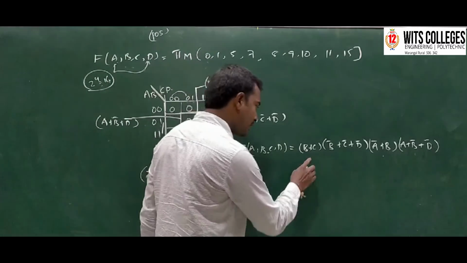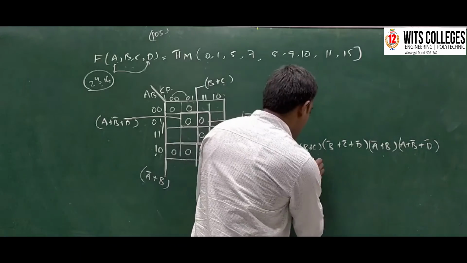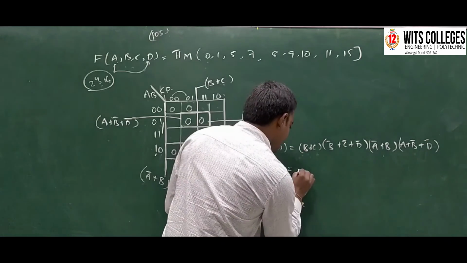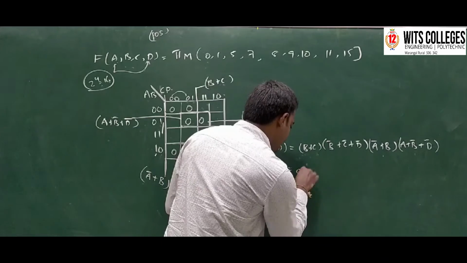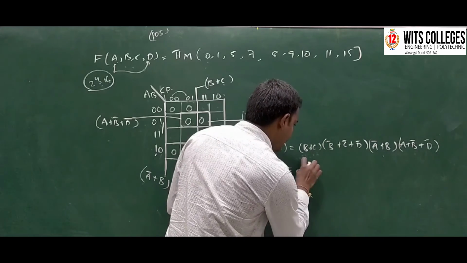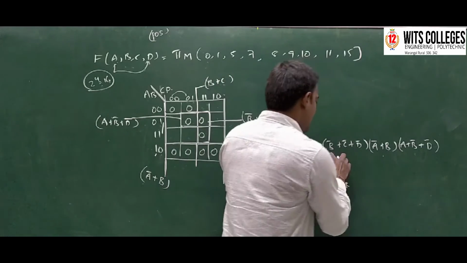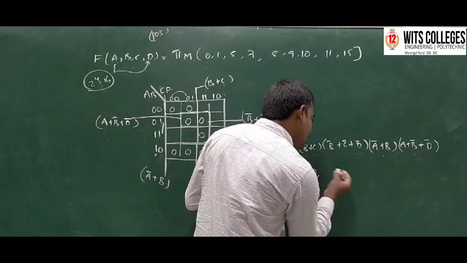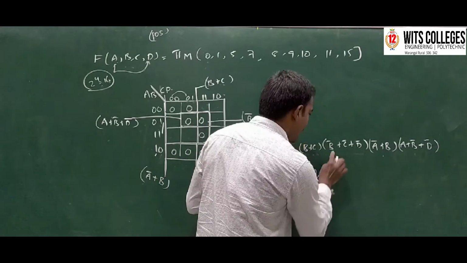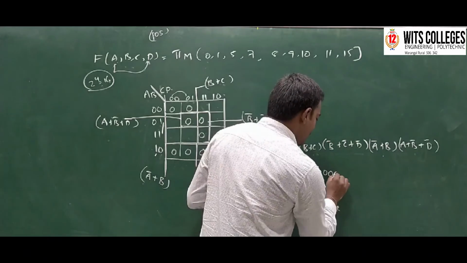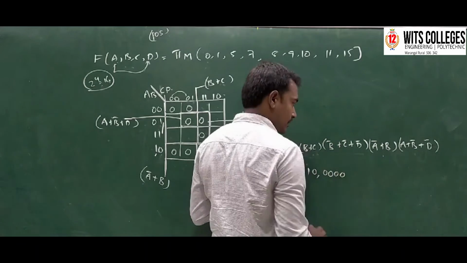If the max terms are asked in the question, then we have to find out the max terms. For b plus c, a is not there, so a is equal to 0, b is 1, c is 1, and d is equal to 0. So this is one term. For b bar plus c bar plus d bar, a is not there, so it can be taken as 0, and b bar is 0, c bar is 0, so this is equal to 0.